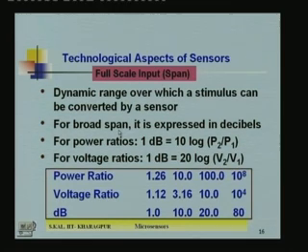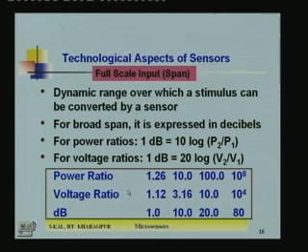That means full scale input is the range of the input which the sensor can sense, and it is known as the span, normally expressed in decibels. For power ratio, you know the definition, 1 dB is 10 log P2 by P1; for voltage ratios, 1 dB is 20 log V2 by V1.